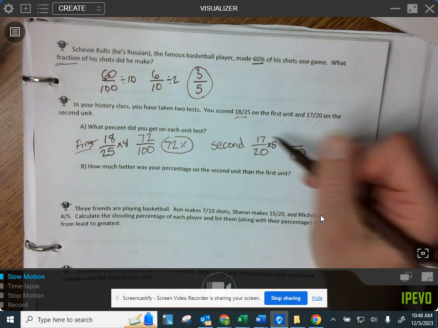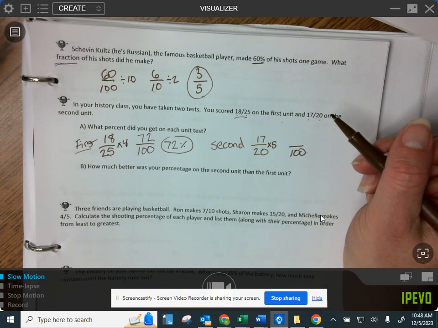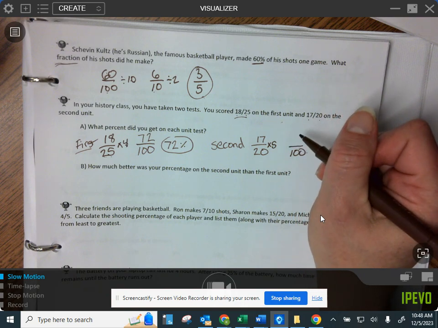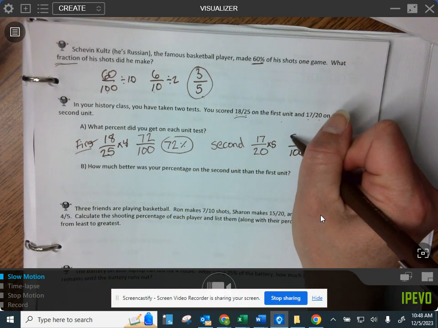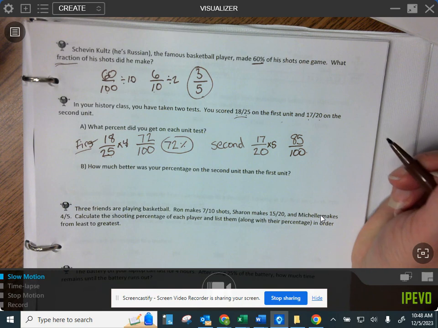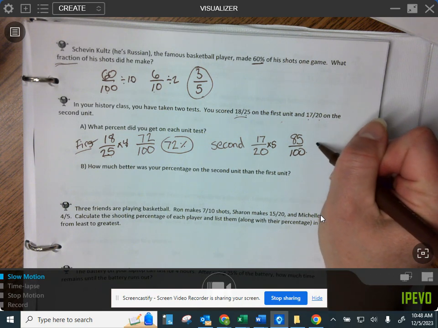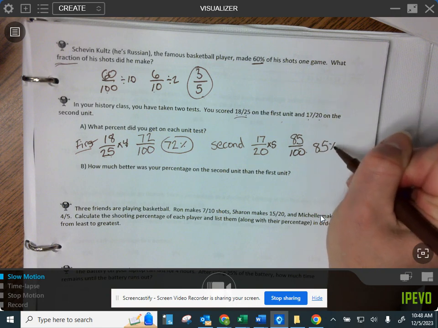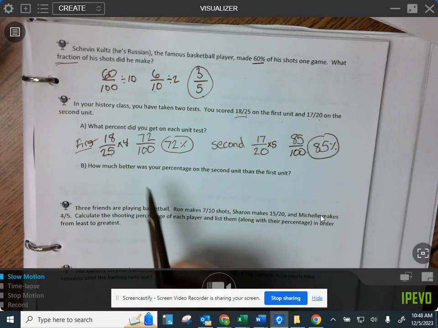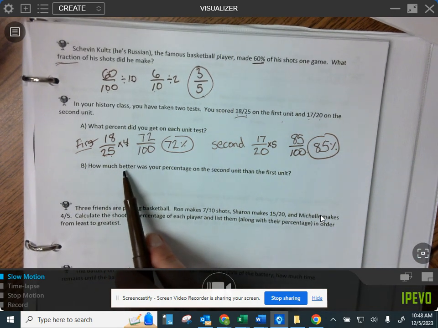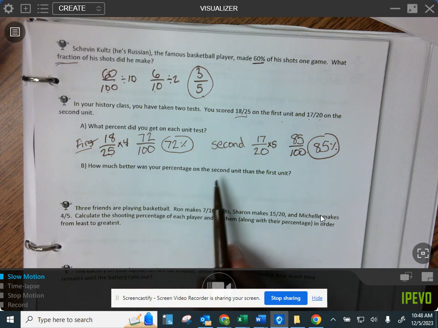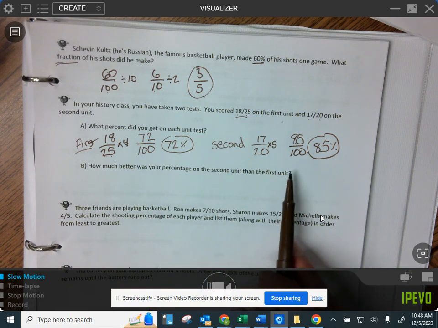So what does my numerator become? 85, because 17 times 5 is 85. So what percentage is that? 85%. Now my B question says, how much better was your percentage on the second unit than the first?